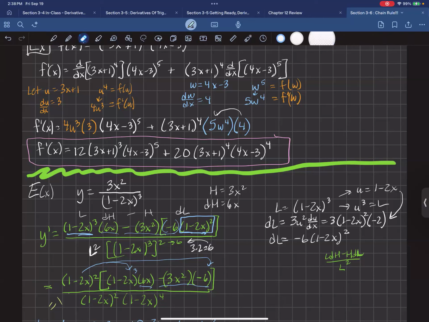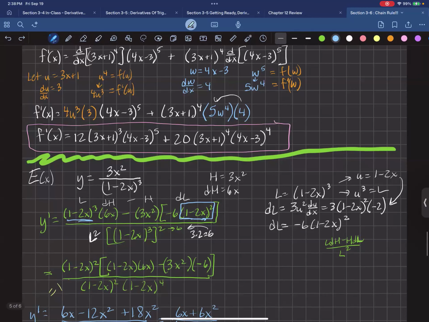Everything looks good. So I'm going to undo some of that underlining right there. And then what I did is I grabbed these two, and this is where I canceled. And those equal a 1 when you cancel them. So that just left this part right here.